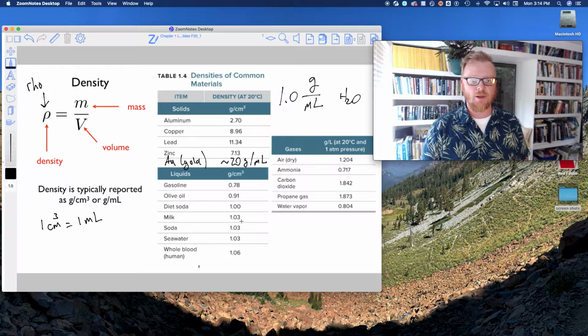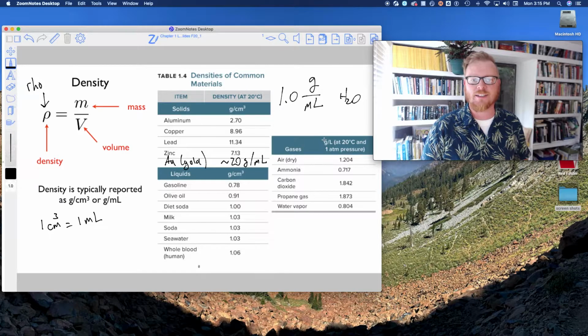You notice milk, soda, seawater, human blood, they're just slightly more than 1.0 gram per milliliter. That's because there's extra stuff in there. Like in seawater, there's salt. In human blood, there's all kinds of stuff that actually gives it a little bit more density than just ordinary water.